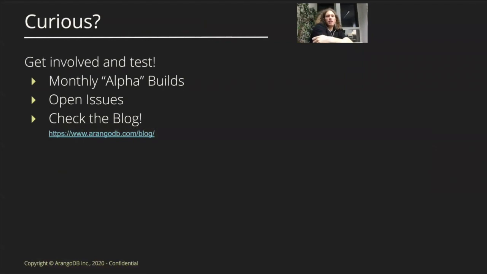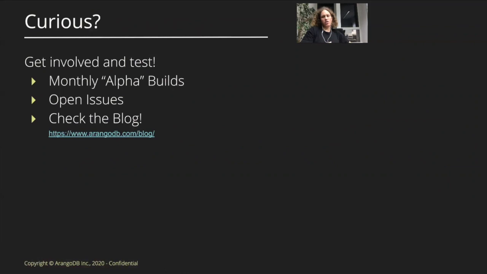Okay, curious. As this is the call to action for you guys, we're going to release at least monthly alpha builds. The idea is to do that mid-month, so it should be either the end of this week, or at the latest early next week, when we release the first alpha build.